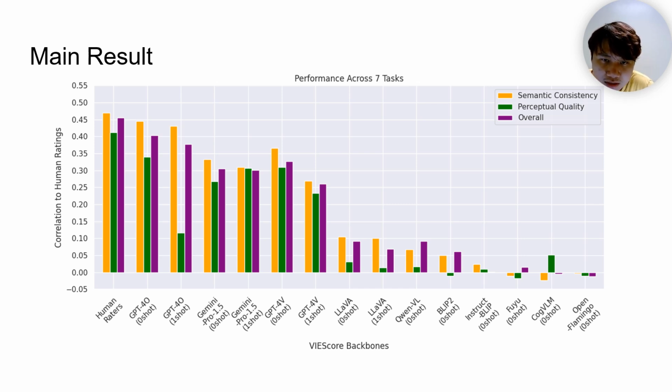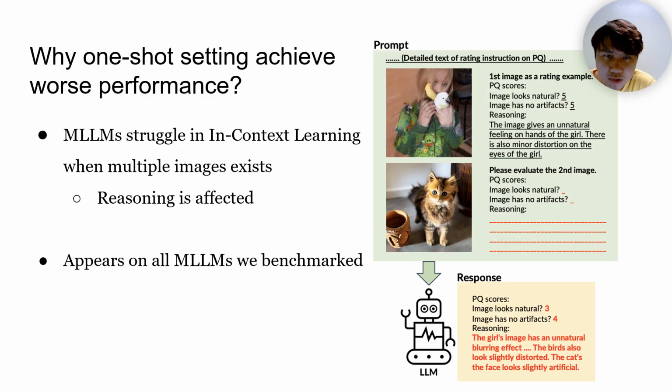We also noticed that when in-context learning, that is, the one-shot setting, is applied, the correlation decreased. We looked into the reasonings and realized that general MLLMs struggle in in-context learning when multiple images exist. The model will get confused.